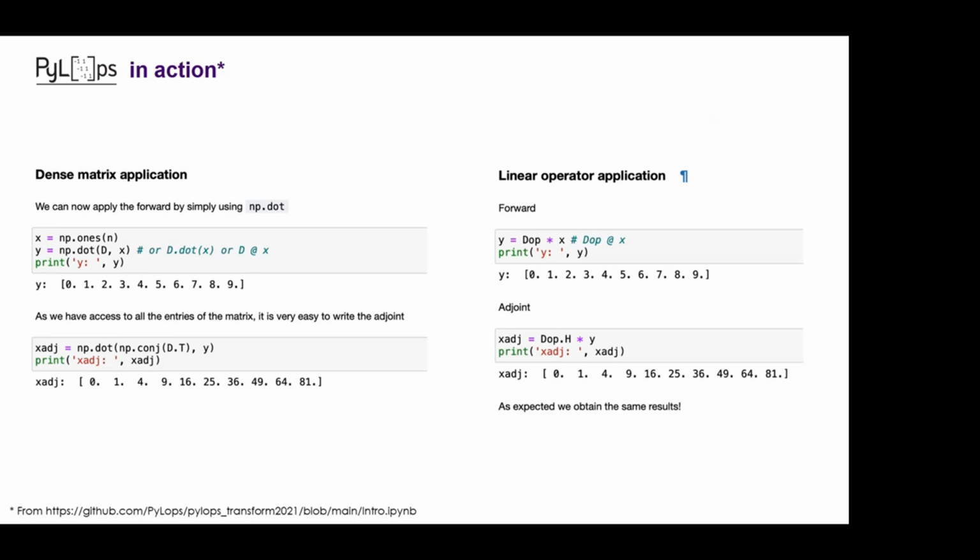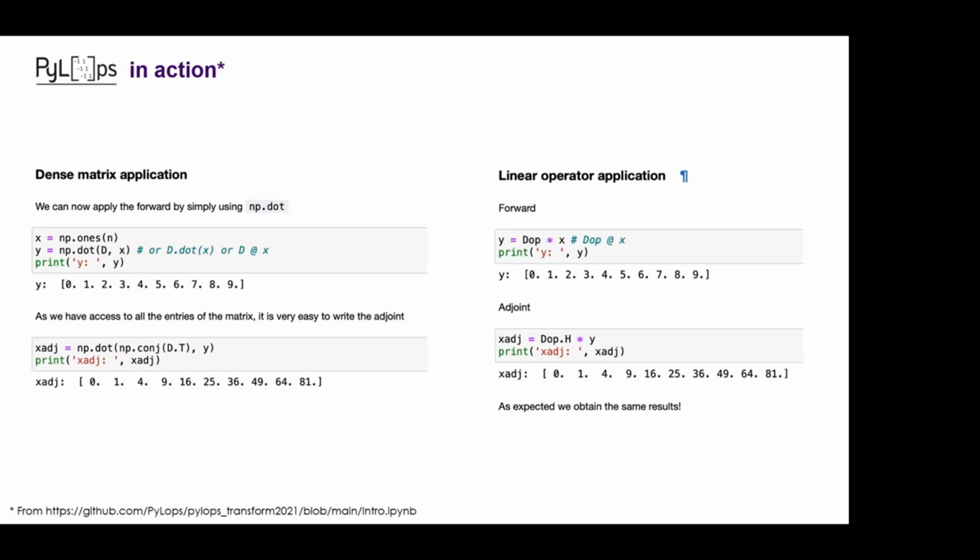Now, this is the simplest case, but you can think of many complex linear operators, like a Fourier transform. You can think of even an operation that mimics CT scanning, or an operation that mimics wave propagation, or maybe not properly wave propagation because that's a partial differential equation, but say a ray-based type of propagation.